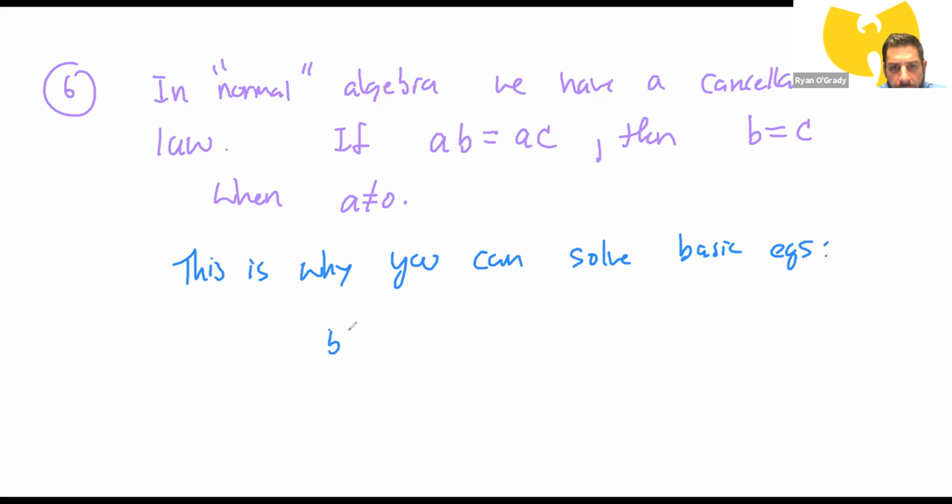Like if you had 5x equals, say, really anything, let's say 25 times 3. Well, what can you conclude? Well, you get that x is equal to 15.